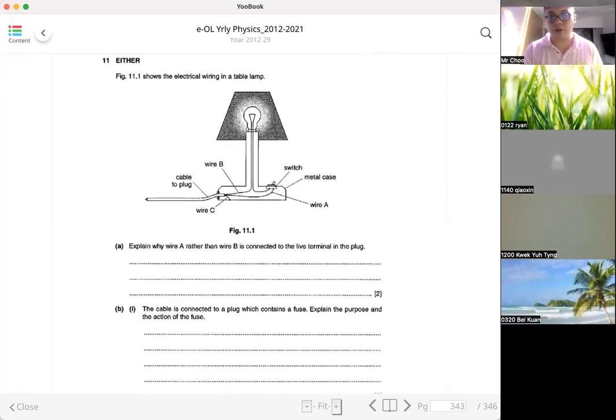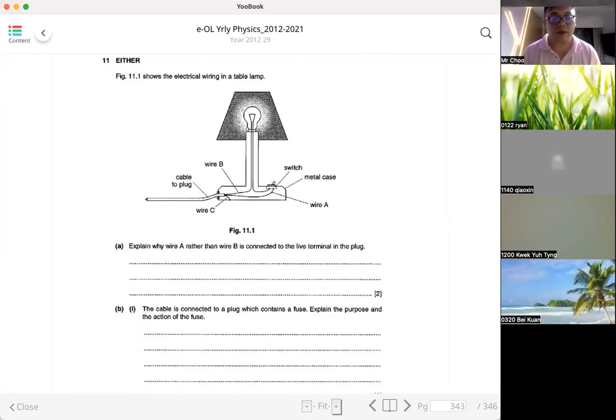Today, Yi Ting has always been one of the first to answer. I'm very happy with your performance. Some of you are just not replying. Okay, Yi Ting, for part A, I will not give you the correct marks.